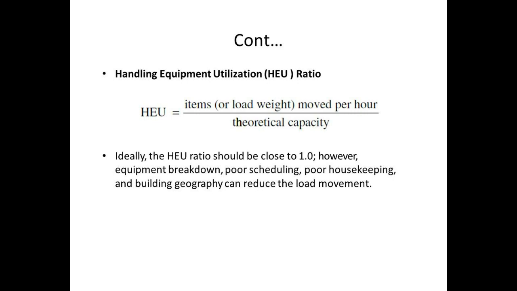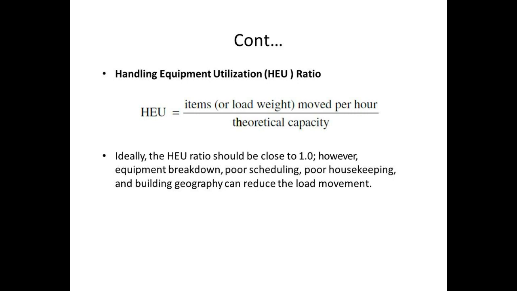It is the load you are moving per hour against the theoretical capacity. For example, the theoretical capacity may be 1 ton per hour, but practically it can carry only 700 kg per hour. So then you have to calculate that.